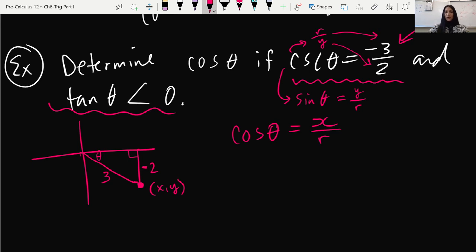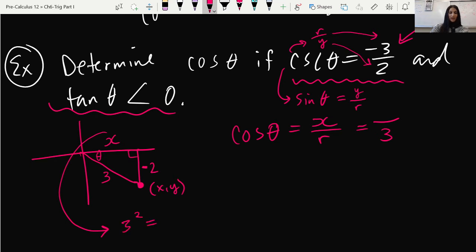Okay, so if cosine theta is x over r, well that's great because I know that my r is 3, but I don't know what x is. But I can figure out what my x value is by using the Pythagorean Theorem. I'm going to assume you all know how to do that, but we'll do it really quickly: a squared plus b squared equals c squared, so obviously the c is 3.